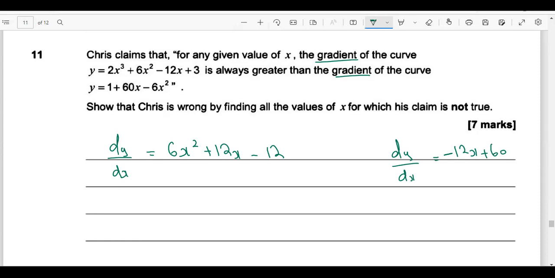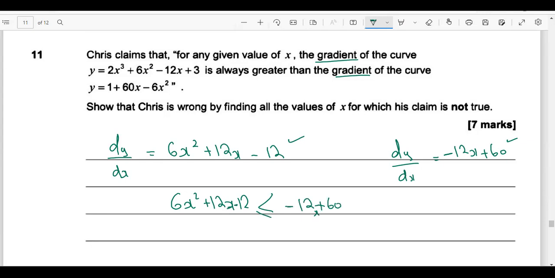Is that okay, Madiha? Yeah. And he says this gradient is always greater than this. So we'll take the other case. We will take that this gradient 6x squared plus 12x minus 12 is not greater than, in fact, it is less than or equal to minus 12x plus 60.